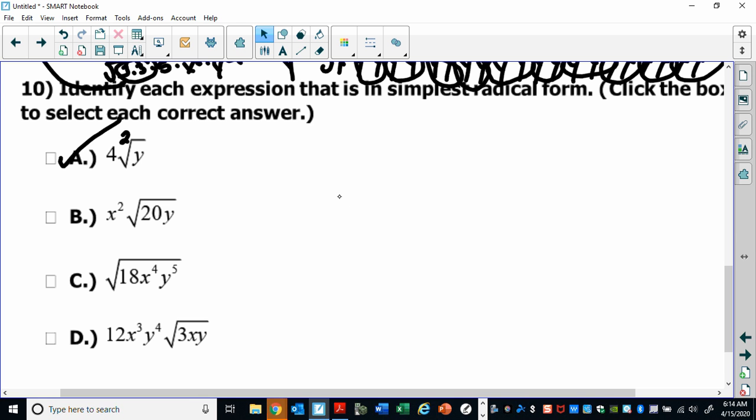Let's go ahead and break this down and see how you would do this on a test. So let's say you had x squared 20y. We break that 20 down to be 5 times 4. That's a y, forgive me. And we do have 4, so we're going to break that down, and that's going to give us 2 2's.